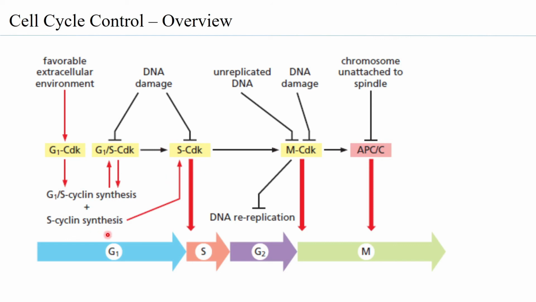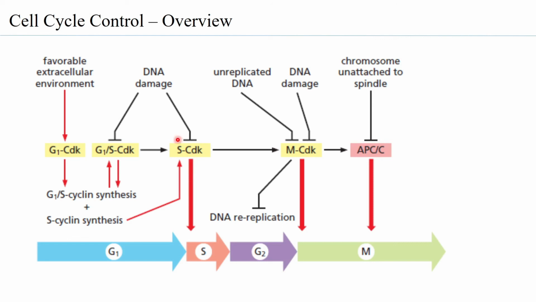Okay, S cyclin will also then proceed to help the cell carry out DNA replication. But suppose the cell finds out that its DNA is damaged, then both G1S CDK and SCDK will be inhibited because the cell cannot afford to have its daughter cells after division have DNA that is damaged. That is detrimental for the daughter cells. So it cannot allow that to happen.